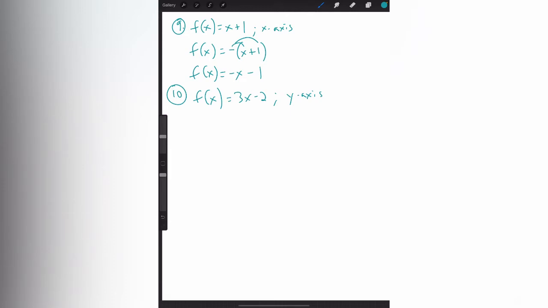So what I mean by that is, whenever reflected over the y-axis, I would still write what I have, but turn the x negative. So what that would then do is, I would say f of x is equal to, well, 3 times negative x gives me negative 3x minus 2.